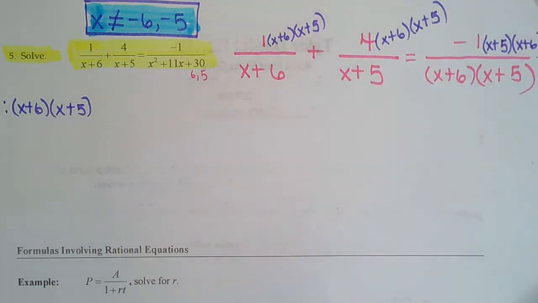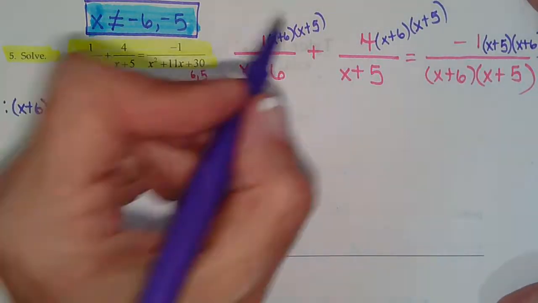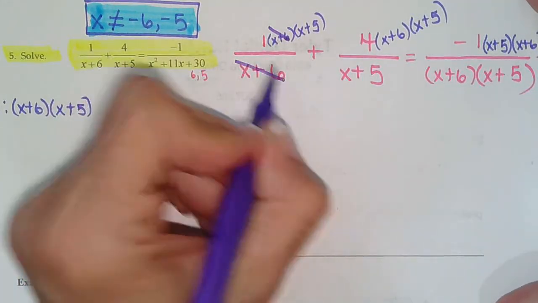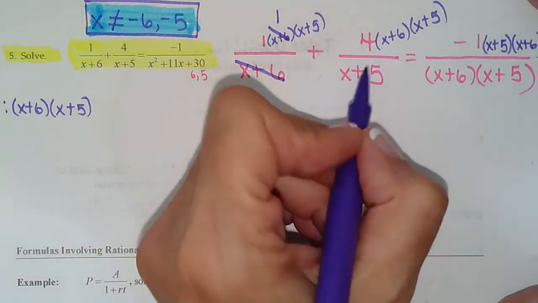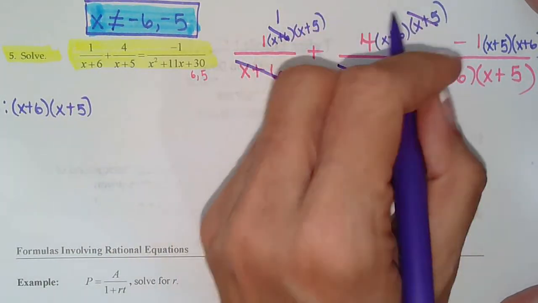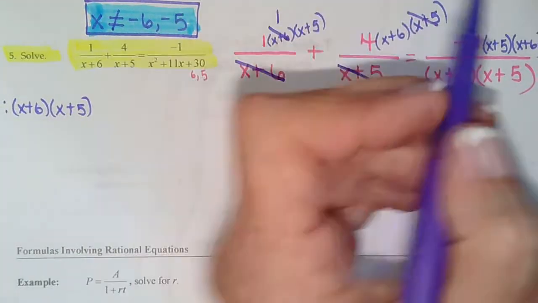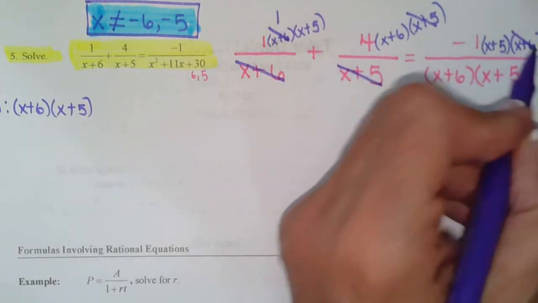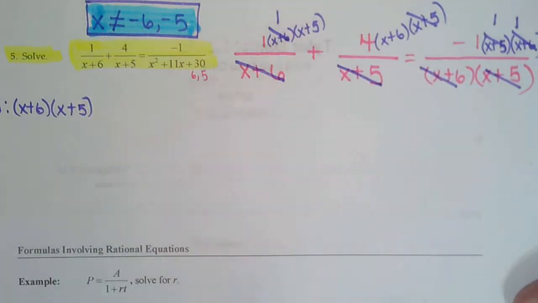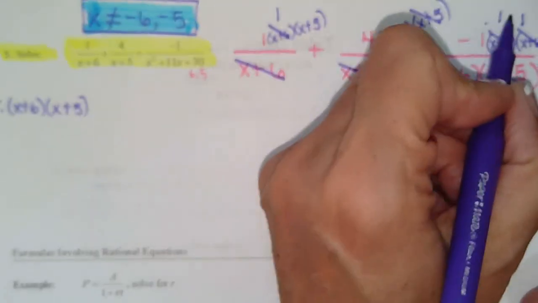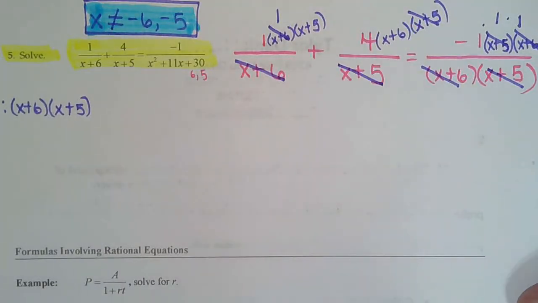And remember, before you do anything else, cancel. Otherwise, you're going to do unnecessary work. X plus 5 divided by x plus 5, 1. And look at this. Woohoo! 1, 1. So all we have left is negative 1 over there. So negative 1 times 1 times 1 is just negative 1.